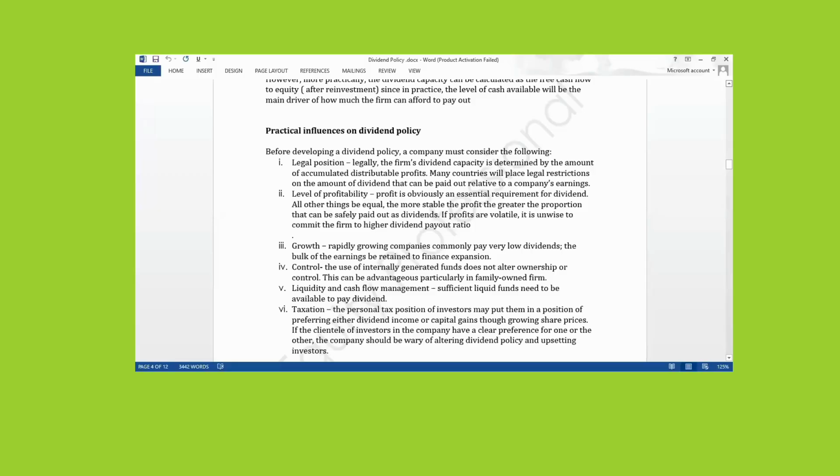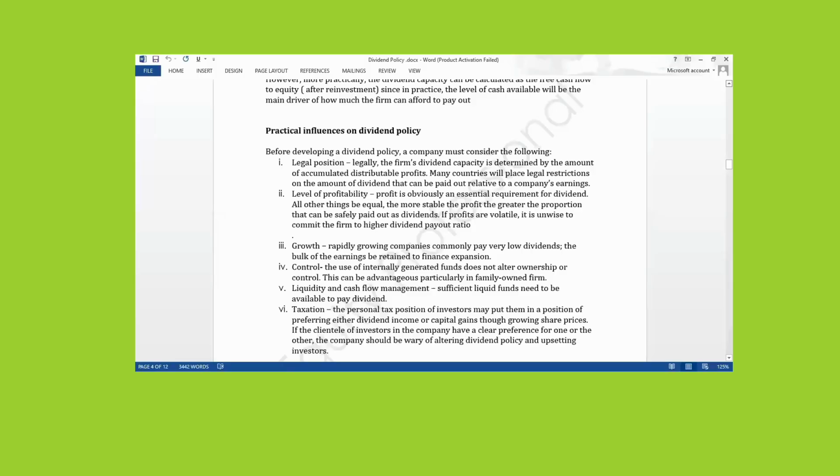Number two factor, level of profitability. Profit is obviously an essential requirement for dividends. All things being equal, the more stable the profit of a company, the greater the percentage that can be paid as dividends.